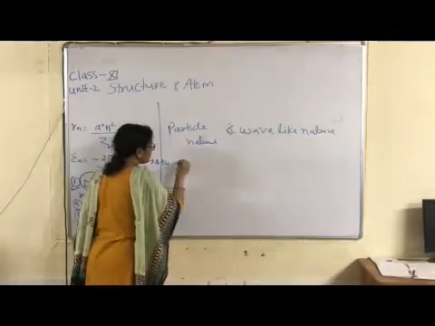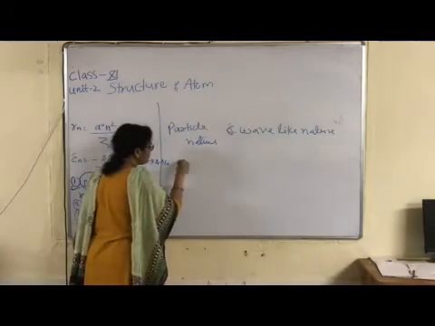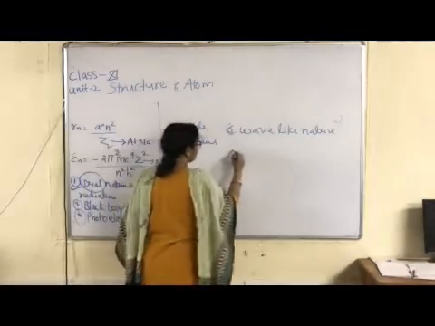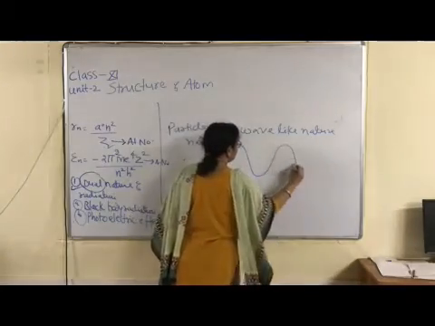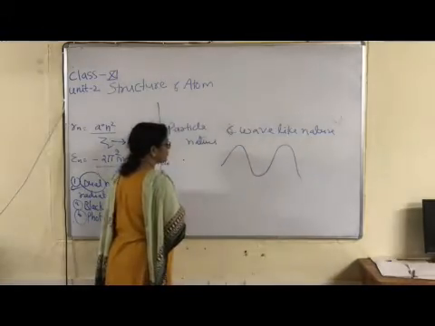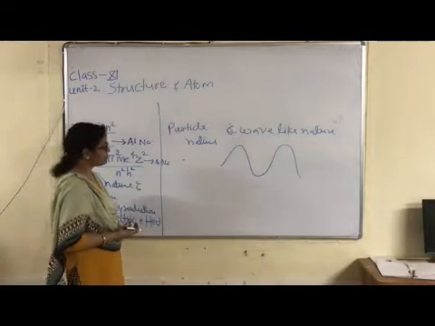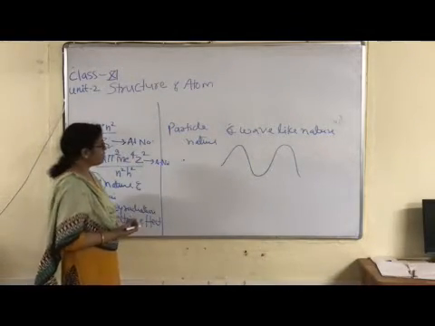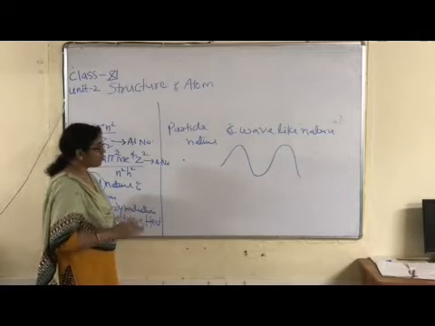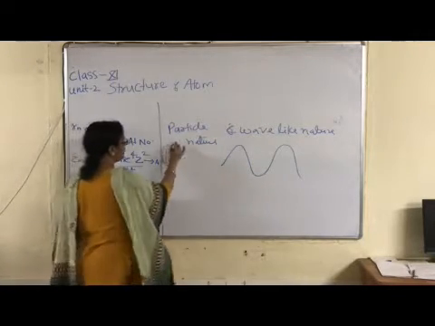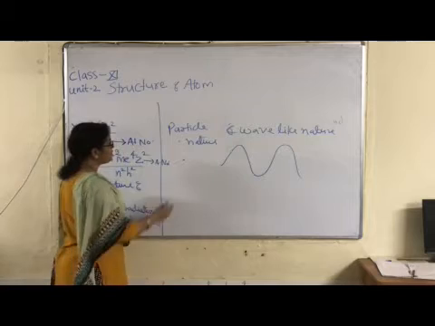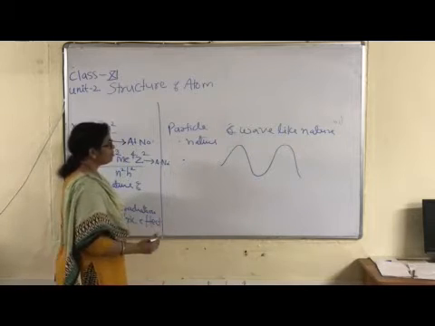Particle is localized and wave is delocalized. Okay? Wave shows interference and diffraction, and interference, same phenomena, are not shown by particle. So this is the difference between particle and wave nature.